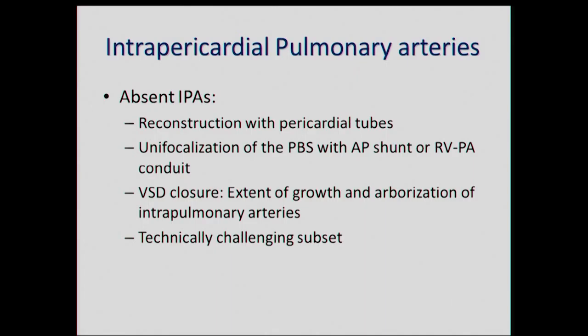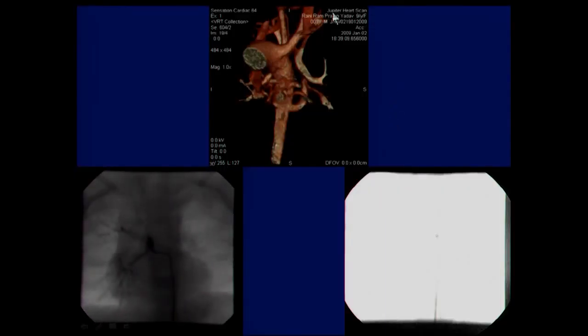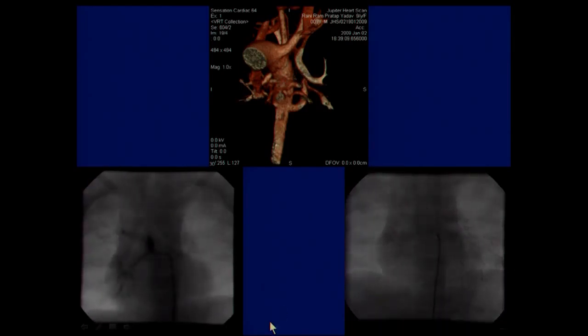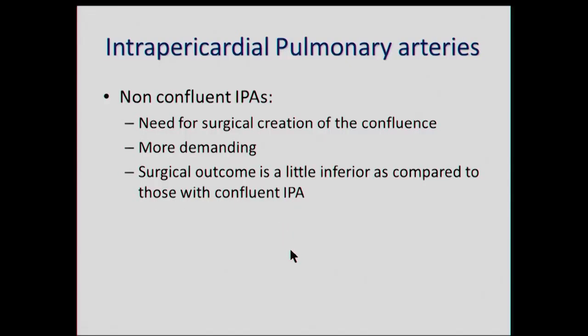Amongst all subsets of tetralogy of Fallot with pulmonary atresia, I think this is the most challenging subset technically. And this is an example of tetralogy of Fallot with pulmonary atresia. You can see the CT scan that there are no central pulmonary arteries, and most of the lungs are being fed by multiple aortopulmonary collaterals.